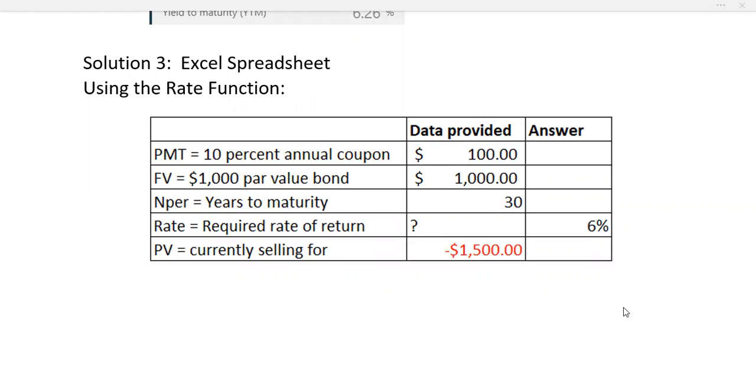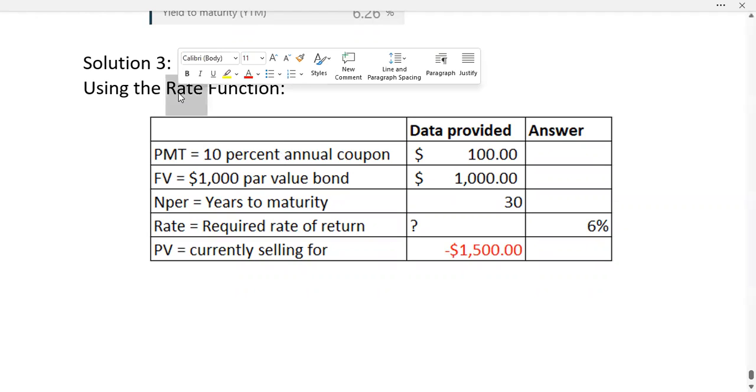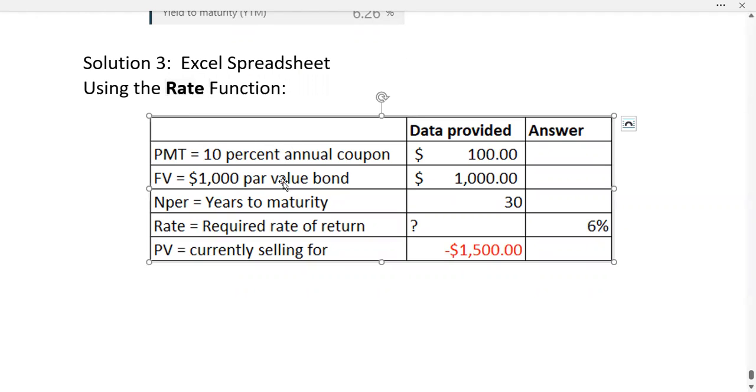The last method I recommend is using your Excel spreadsheet, and this time we use the RATE function. Using the RATE function, first I recommend entering the data first, same as what you see here.